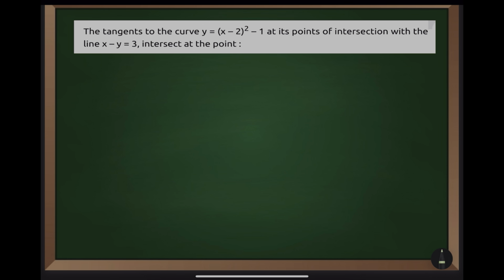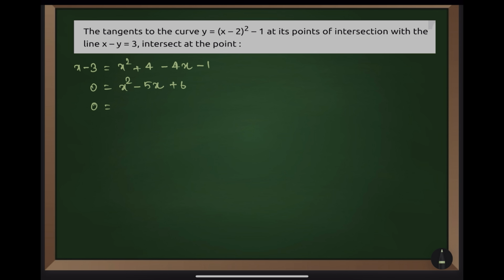Now look at this. Let's try to find the points of intersection. Can I write y equals x minus 3? Now I'll replace: x minus 3 is equal to x square plus 4 minus 4x minus 1. So substitute and simplify: x square minus 5x plus 6.